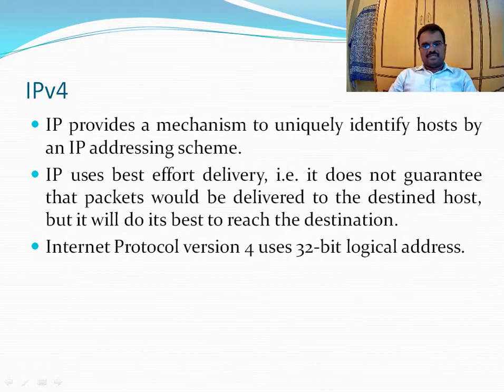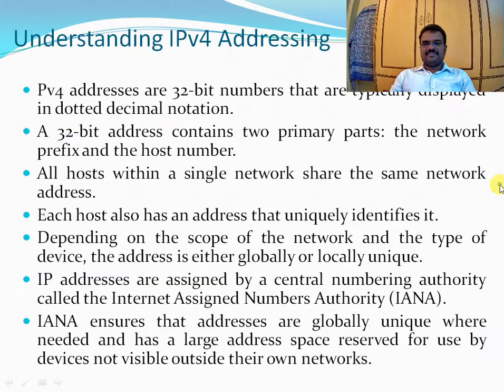IP uses best effort delivery, that is, it does not guarantee that packets will be delivered to the destined host, but it will do its best to reach the destination. Internet Protocol version 4 uses a 32-bit logical address.